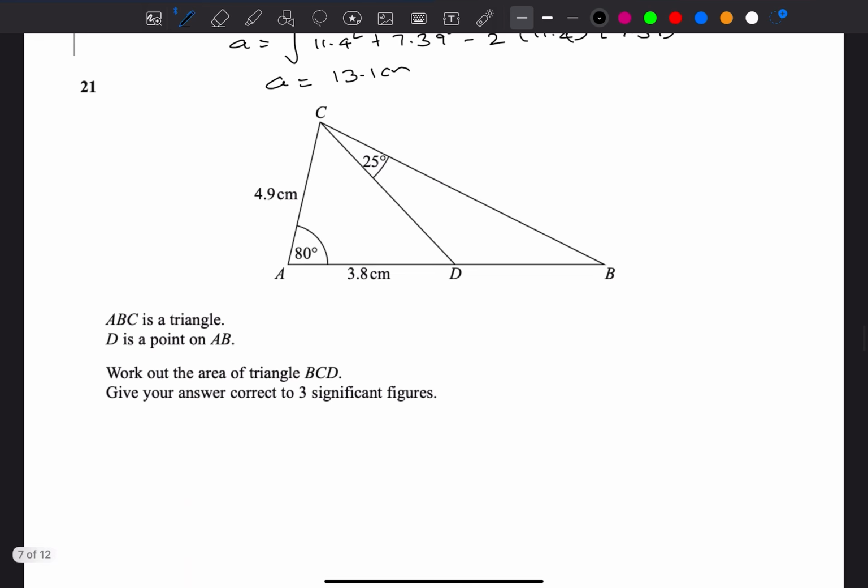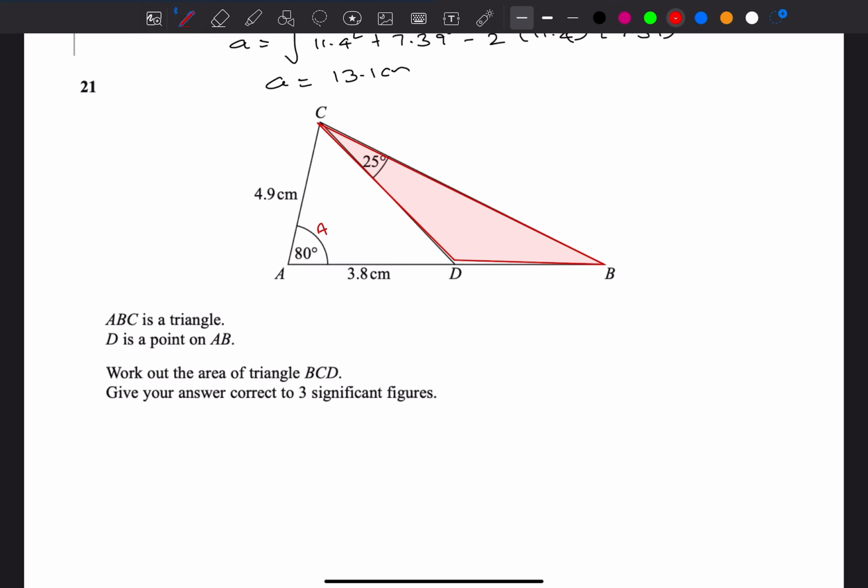Next one. Work out the area of BCD. BCD triangle. Okay, so they're basically saying this triangle. You can always work out this length, the common length, which is in here.